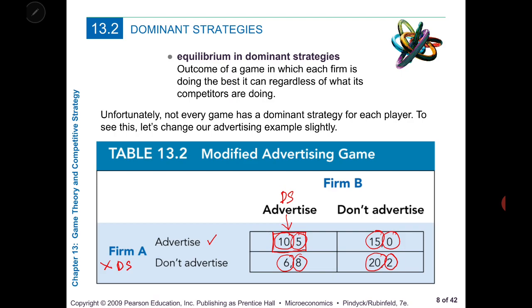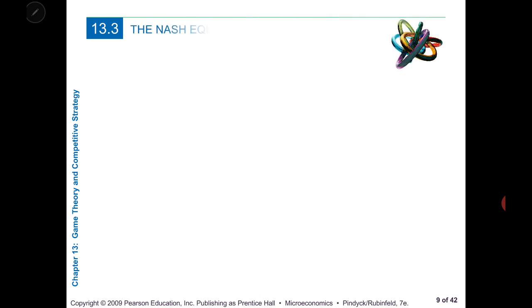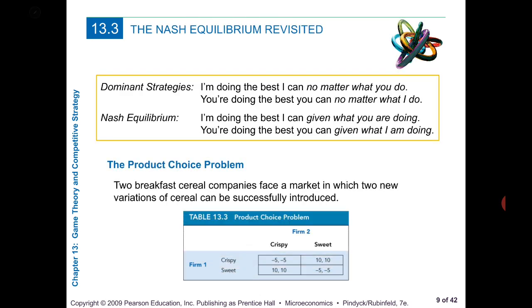So therefore, this equilibrium is called a Nash equilibrium. Remember, the Nash equilibrium is a company deciding to do something based on what it thinks its competitor is doing. So it's different from dominant strategies, where it's making its decision regardless of what the competitors are doing.